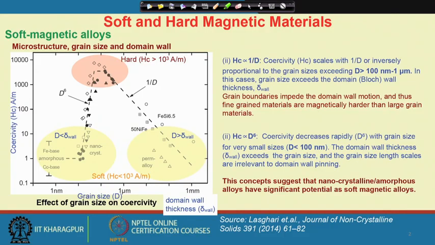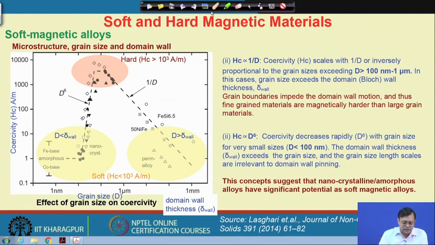So, the same plot I have shown you in the last classes. You can see here the effect of grain size on the coercivity value. In a soft magnetic material, we try to achieve the lowest coercivity values. Coercivity has a limit for soft magnetic material, that is 10 to the power 3 ampere per meter, and it should be less than that.